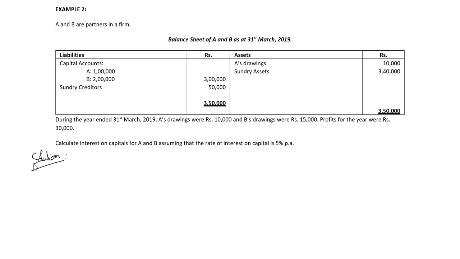Again, there is no current account balance which is given in the balance sheet, and it does not specify that the fixed capital method is being maintained. So we'll have to assume that the fluctuating capital method is being maintained.